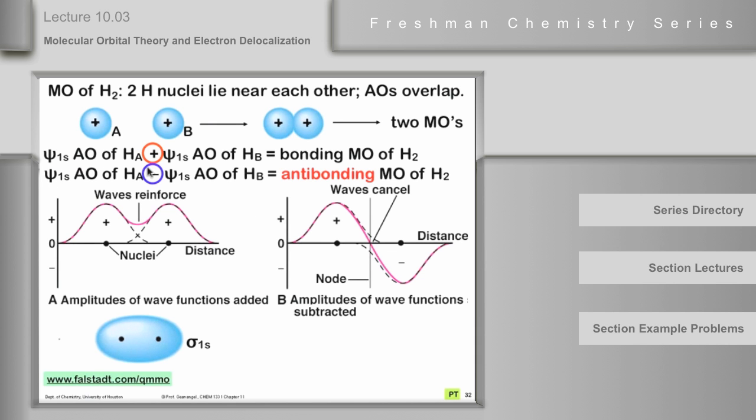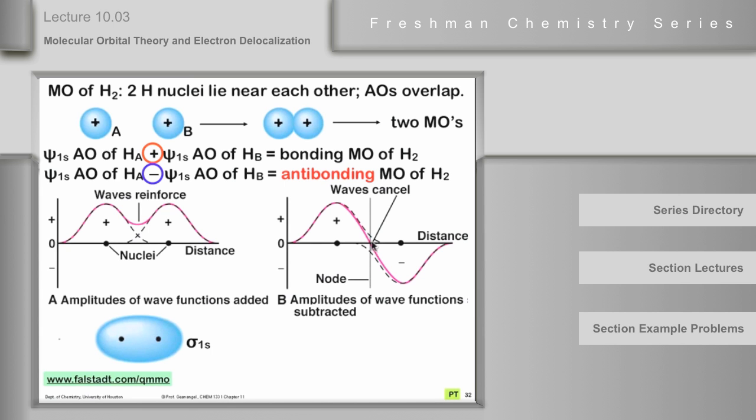Now, if you take the negative combination here, here's the negative sign, what happens? Well, you change the 1s of hydrogen B, you put a negative sign in front of it, and that makes its amplitude go down like this. And in the area between the nuclei, the positive and the negative overlap to cancel.